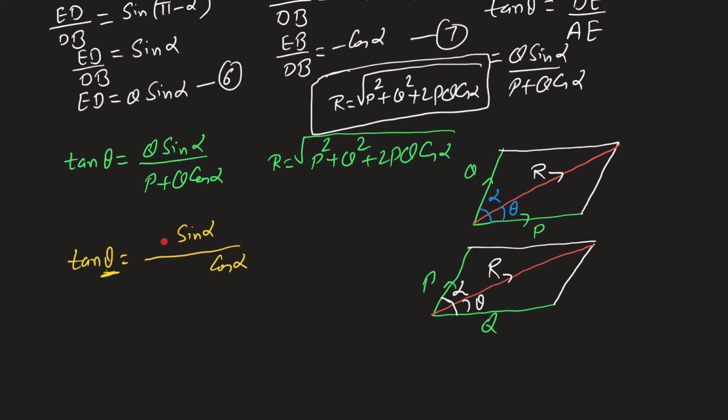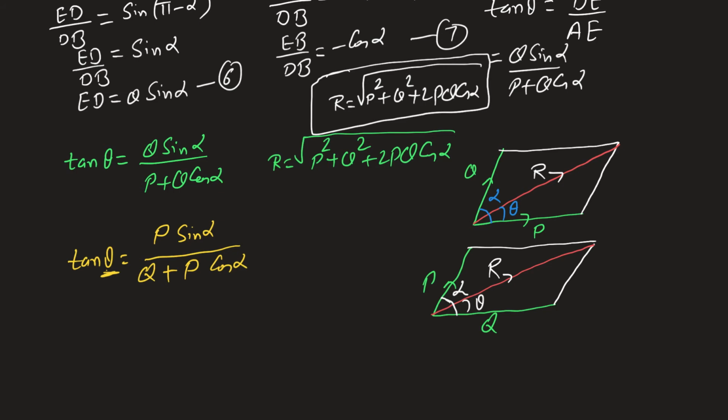So here, filling the blanks, the other force will be P. Q is the primary force, and the other force is P, because the primary force with which it is making alpha, this is primary P, the other is Q on both sides.